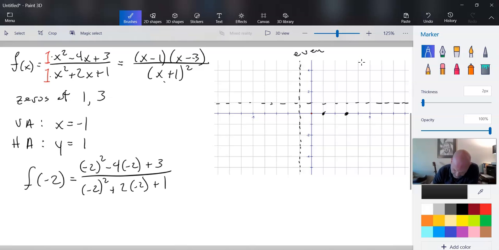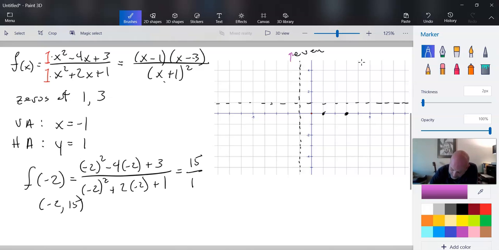So we have 4 plus 8 is 12, plus 3 is 15. So it's a positive 15. And then down here I have 4 minus 4 plus 1, which is 1. So that means we have the point -2, 15.